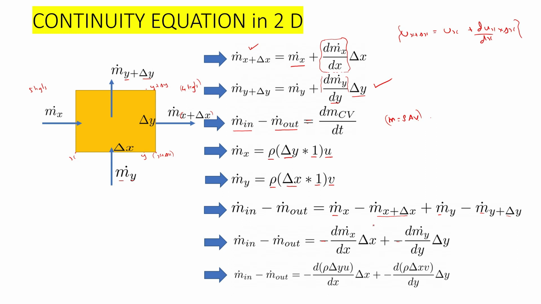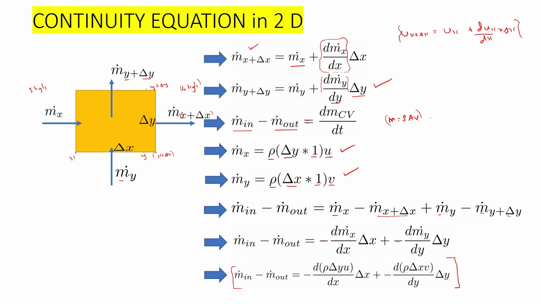Now we will substitute m dot x and m dot y from these two equations. So m dot x is equal to rho into delta y into 1 into u, and m dot y is equal to rho into delta x into v. If we substitute these two, we will get an equation like this.